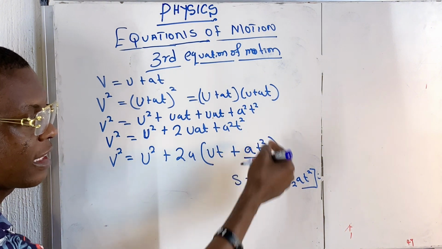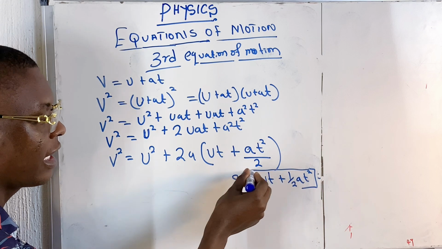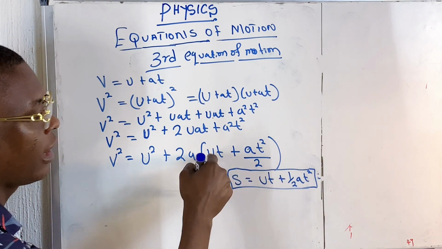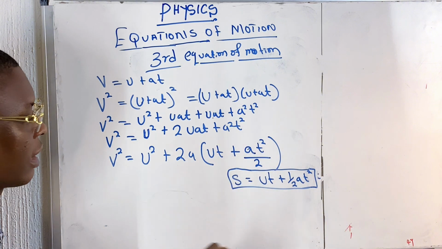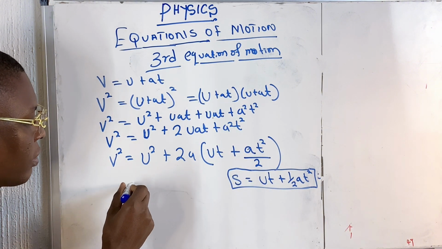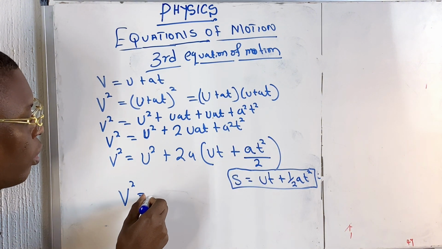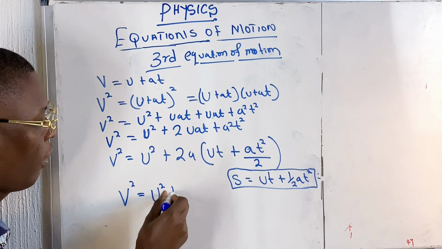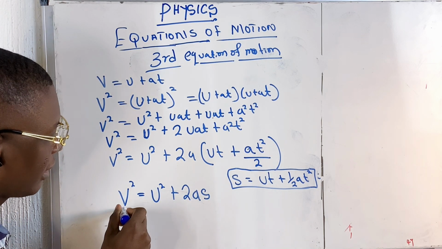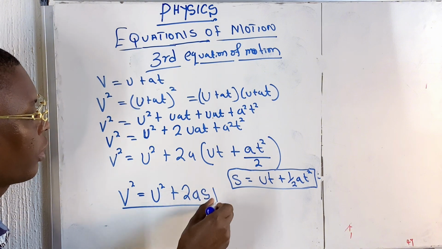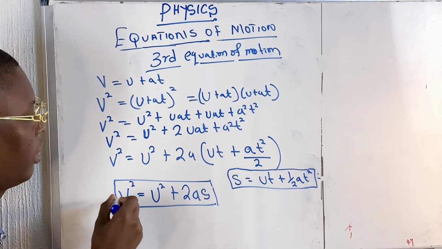It will still be at squared. So everything inside this bracket is the same thing as S. So I will replace this with S. Therefore, the final equation becomes V squared is equal to U squared plus 2AS. So this is the third equation of motion.